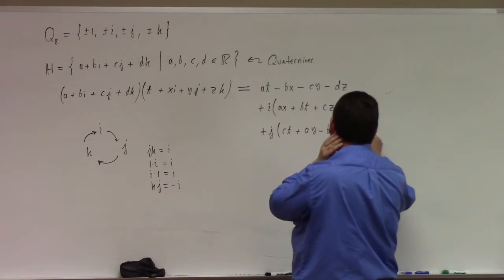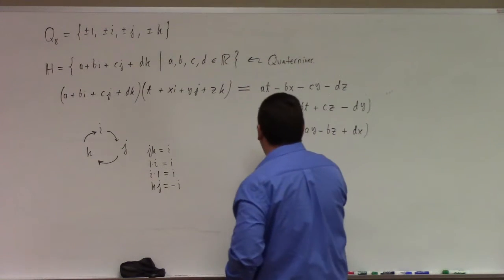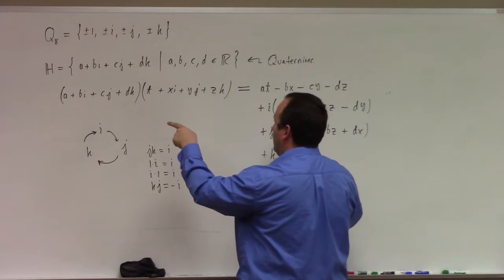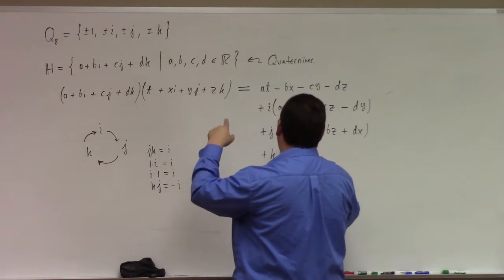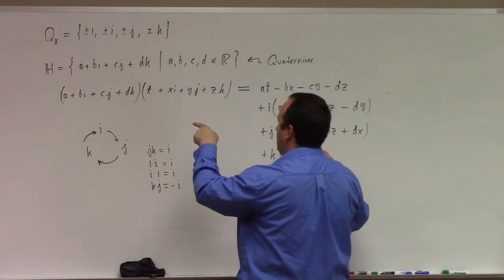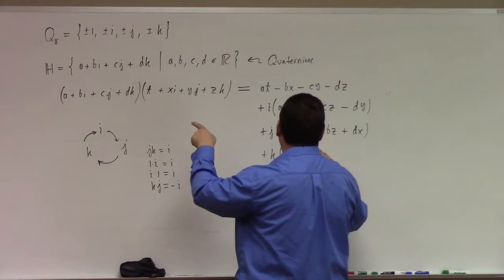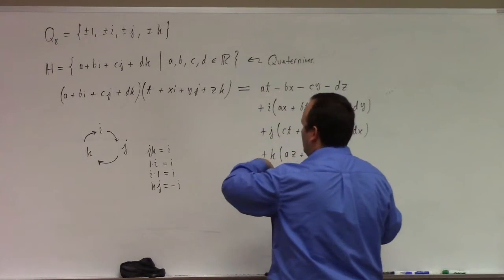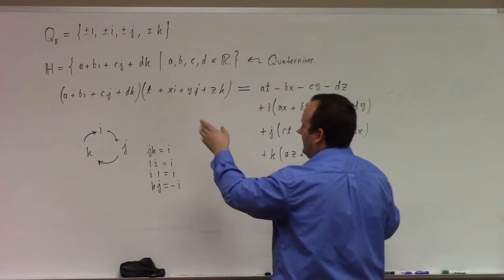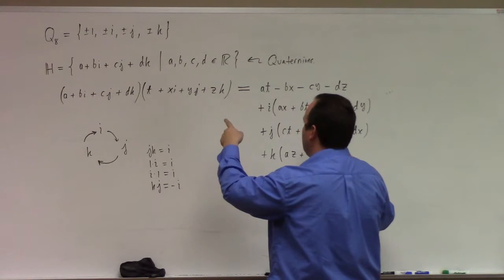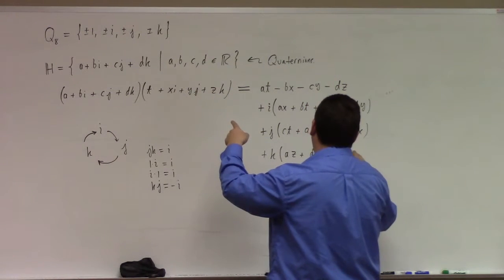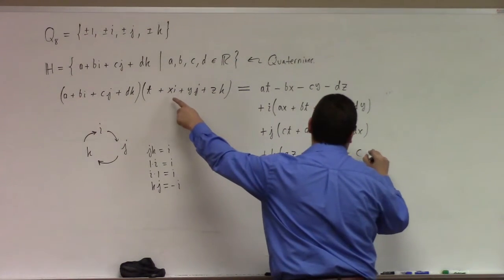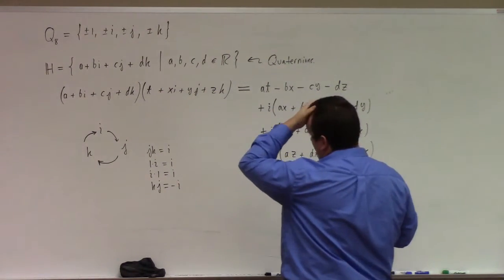Okay, plus k. And I'll do the easy part: az plus dt. Sorry, I'm not entirely consistent in my selection of terms. And then i times j gives me ab, by, and then j, minus cx. All right, and there you go.